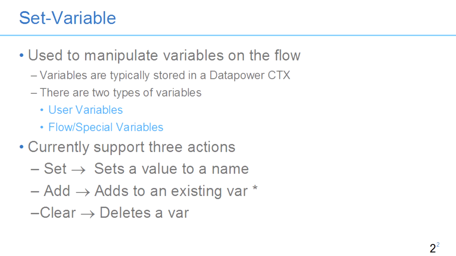Add on DataPower is mainly focused on headers, so you can add to the headers that are already there. For anything else, it does a simple concatenation. It's something we plan on working on in a fix pack to see if we can get closer to the microgateway implementation, because it's a bit smarter. And then clear simply deletes the variable.